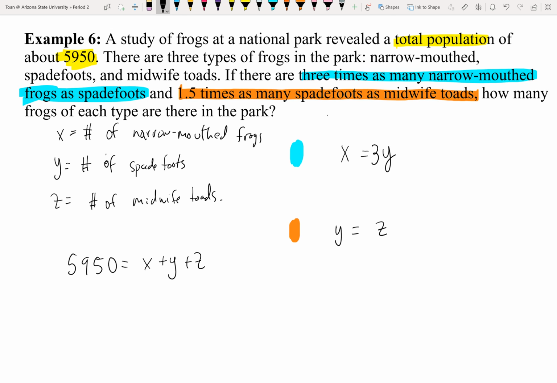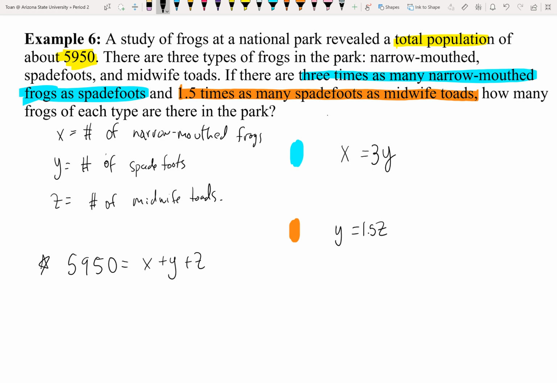Spades, which are y's. So we have big, small. If this is still supposed to be equal, I need to make the smaller into a bigger number. 1.5 goes on the z. That is your third equation, because we have 1 equation here, 2 equations, 3 equations.